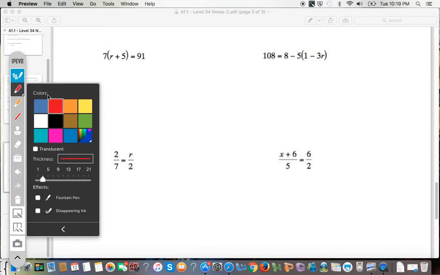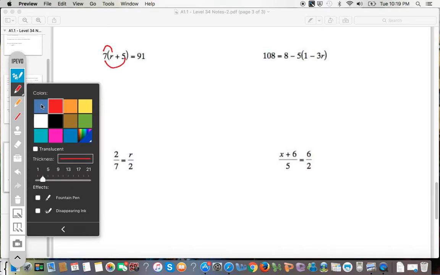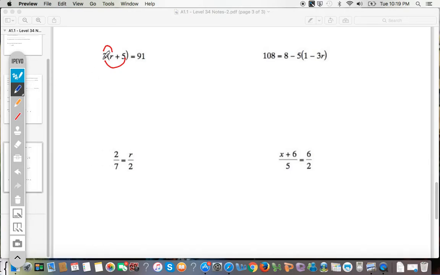So, draw my lines here for what I need to multiply. So I have 7 times r, which is 7r. And I have 7 times 5, which is a positive 35, equals 91.